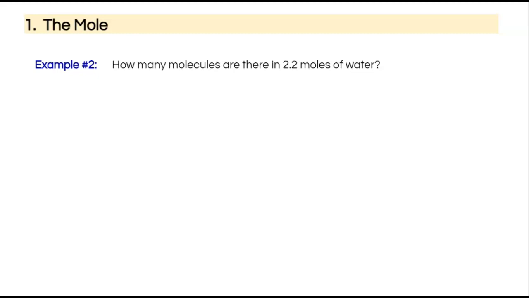Okay, so when I look at this question, I know that I am asked about 2.2 moles of water, and I want to know how many molecules. Because water comes in molecules, I'm just finding out how many pieces of water I have here. So I have 2.2 moles of water, but I don't want moles of water, so I need to cancel them out.